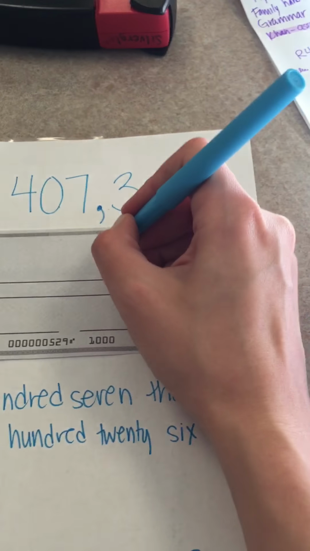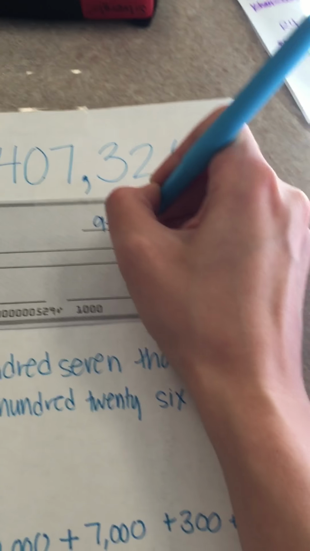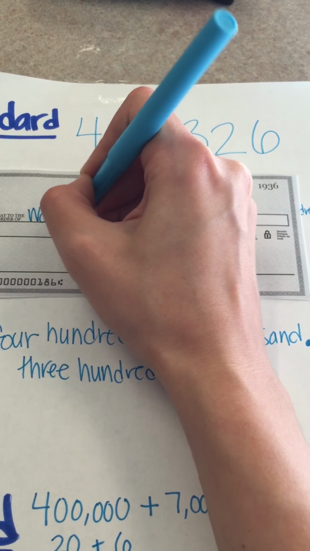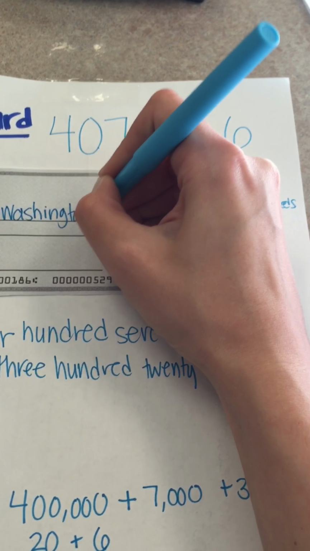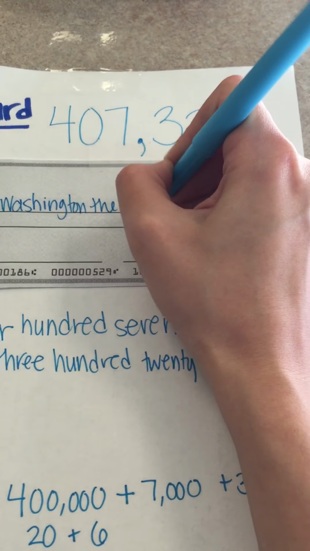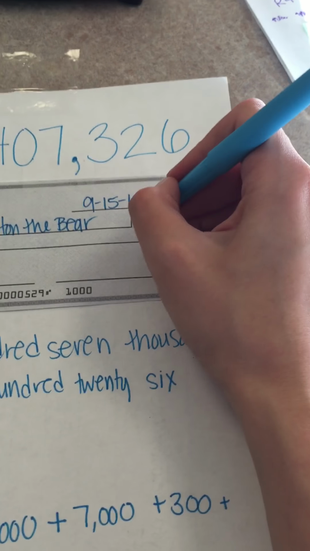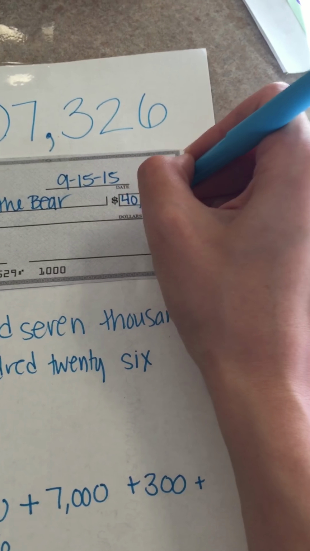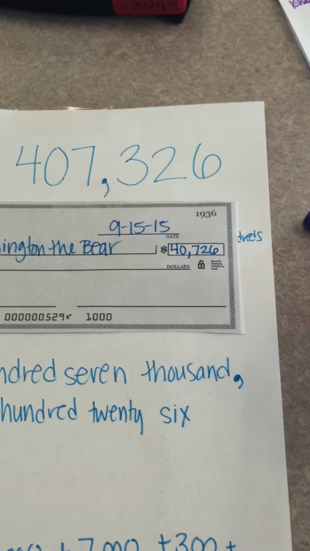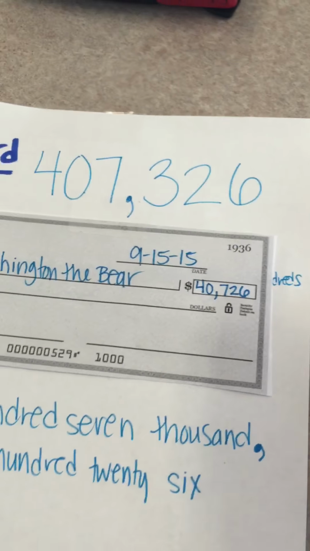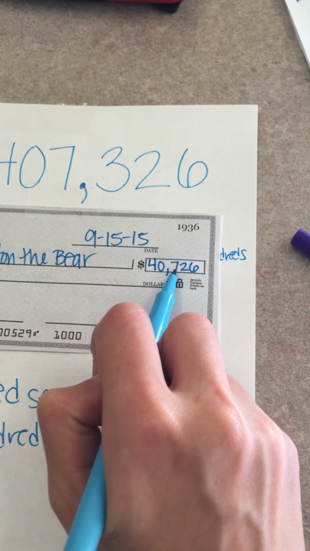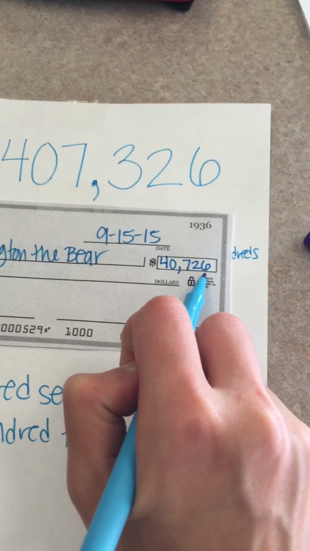So when you're writing a check, you write the date. You write who you're paying it to. Let's see, I'm going to pay it to Washington the Bear. And I'm going to give him this much money. Now we're going to do pretend money because I don't really have that much money to give Washington the Bear. What is this number? 40,726.